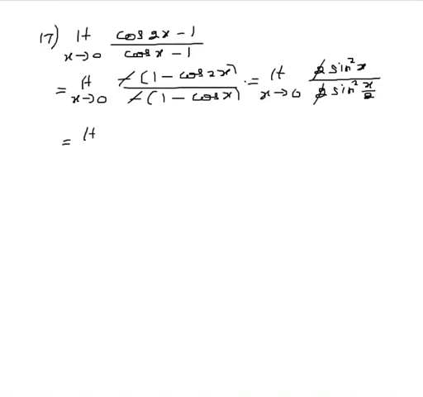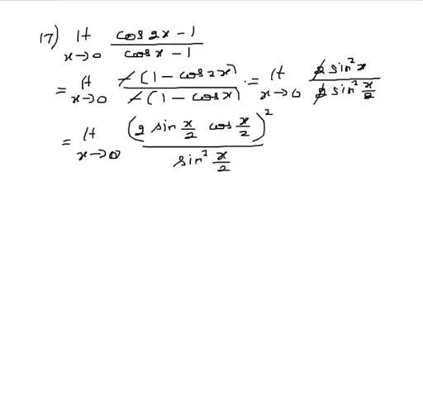Limit x tending to 0 of, I can write sin x as 2 sin x by 2 cos x by 2, the whole square, divided by sin square x by 2. Or we may divide both numerator and denominator by x square, and you can apply the limit for numerator and denominator separately.